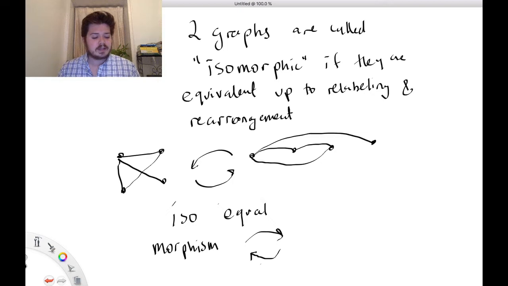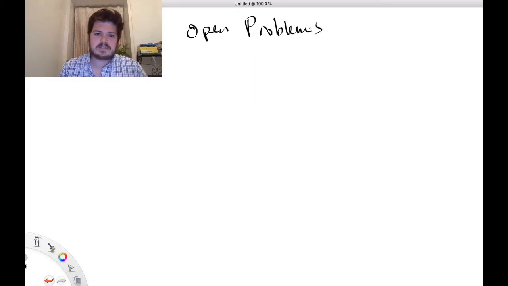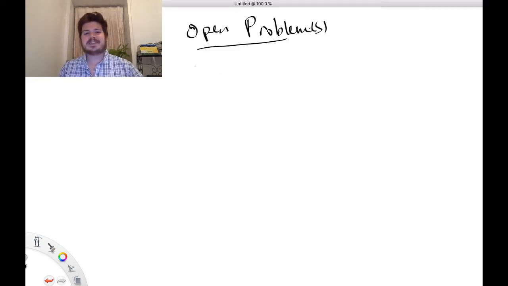This is actually a very interesting concept, which seems very intuitive, but this is actually an open problem. So I'll say what the open problem is. There are a lot of open problems in graph theory that seem very intuitive. It's interesting to believe that this is true, or this is not known yet.